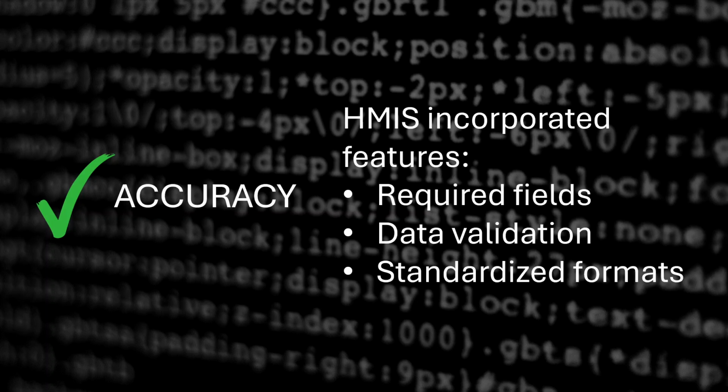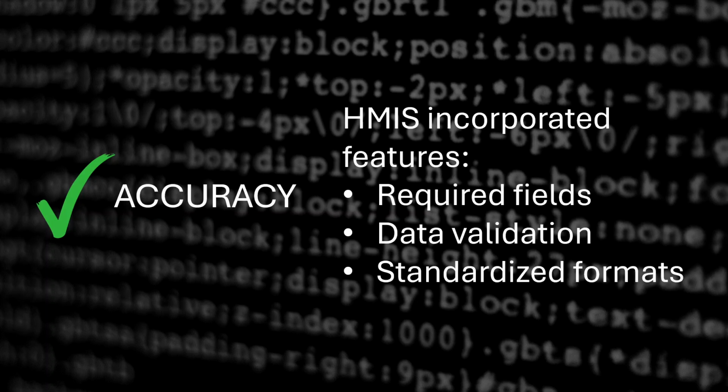Real-time data entry in HMIS often incorporates features like required fields, which ensures that essential information is not skipped. Oftentimes that means that you cannot continue on to the next form until those required fields are entered. Data validation alerts users to potential errors or inconsistencies as they enter data.